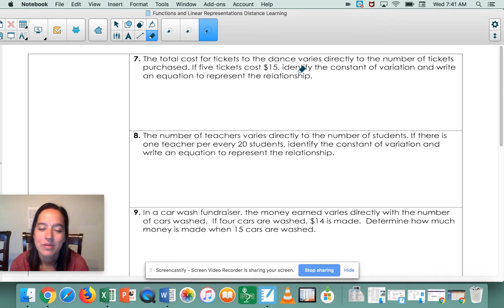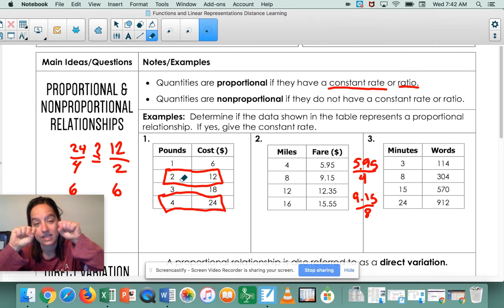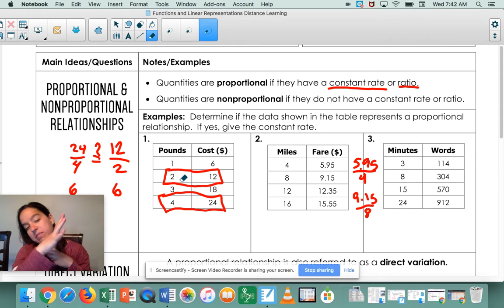Good morning. Today we're going to be finishing off our proportional relationship and our direct variation. If we recall from our last video, we talked about how a set of numbers are proportionally related if and only if they had a constant rate, which meant that I would take 2 points, exactly 2 points, turn them into a fraction, divide them, and if they came out to the same number, then they were proportional.